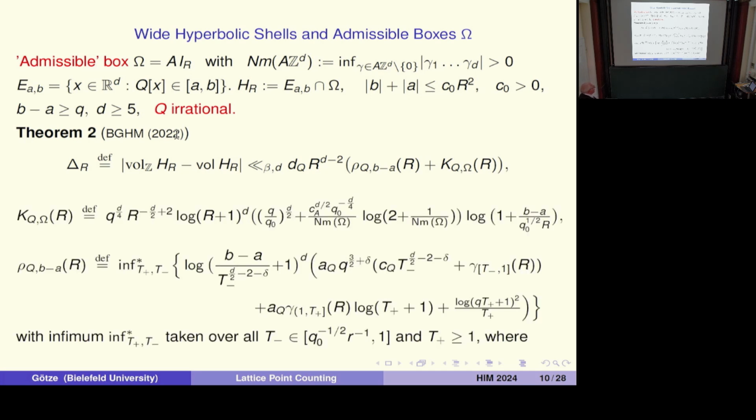So this is forbidding, don't try to read it. It is something like in the positive definite case, there are two types of functions, at least, which, when the parameters over which I take the infimum go to infinity, go to 0 for Q irrational. But it is much more involved. It's understandable because there are now two types of regions involved, the box and the hyperbolic region, but this works for wide shells.